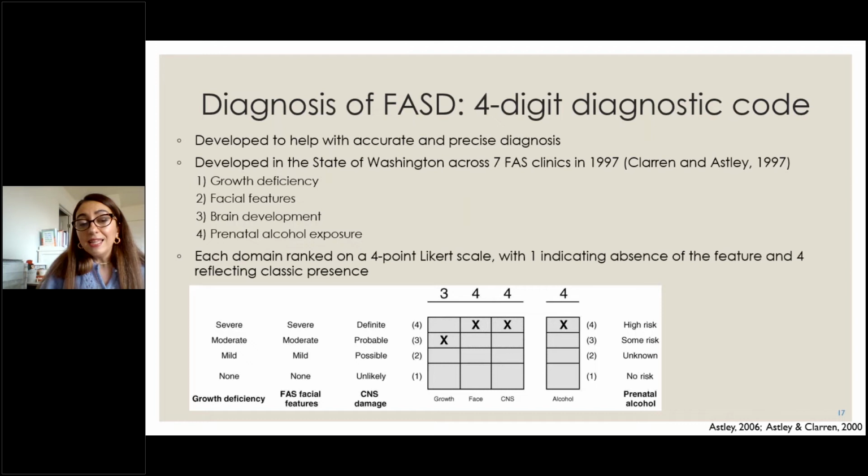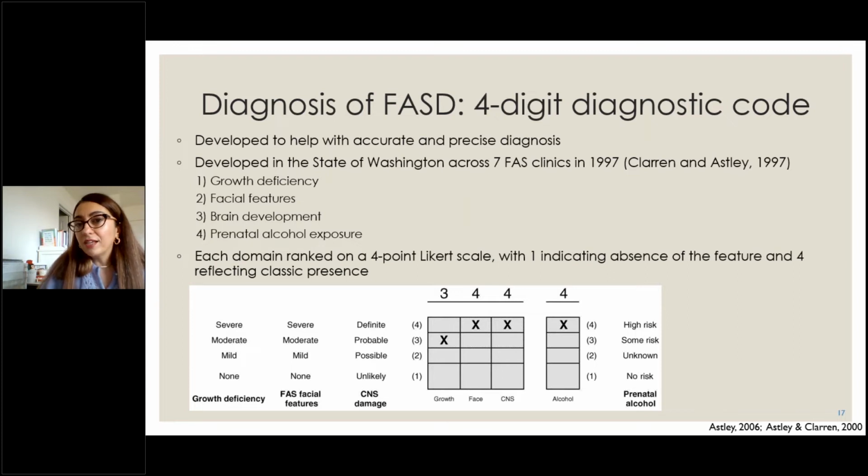Okay, so I really like the 4-digit diagnostic code and how it approaches this. At the University of Minnesota Medical School in the FASD clinic, we use the 4-digit diagnostic code. We had our clients evaluated at the genetics department, and then we did the neuropsych evaluations. They wrote up a report, they sent it to us, we integrated their report into ours, and then we were able to evaluate the client on these axes, on this Likert scale, to come to a conclusion.